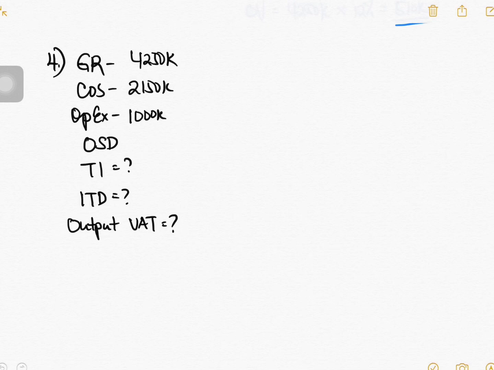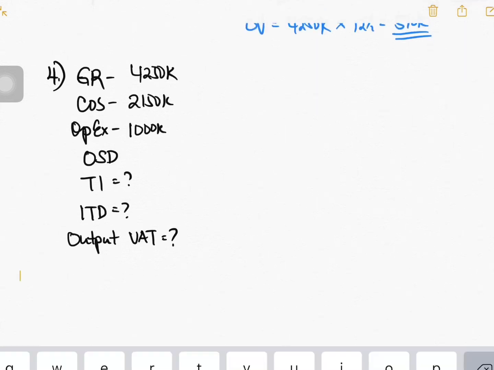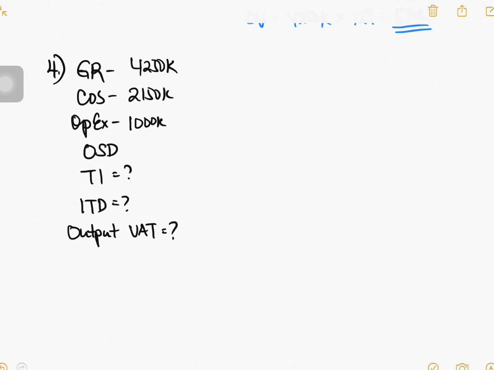Now let's try this one. Gross receipts 4.25 million, cost of sales 2.15 million, operating expenses 1 million, and you are using OSD, optional standard deduction. Task to compute taxable income, income tax due, and output VAT. So let's set again the tax model.